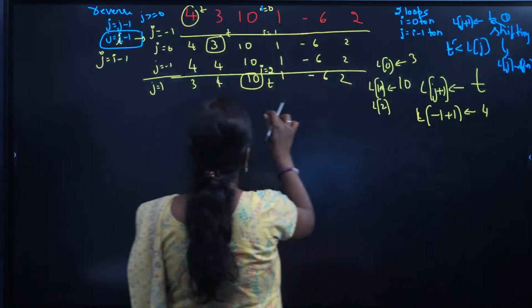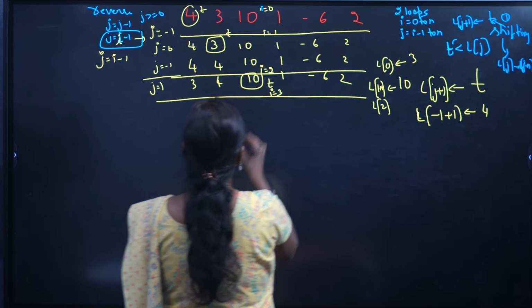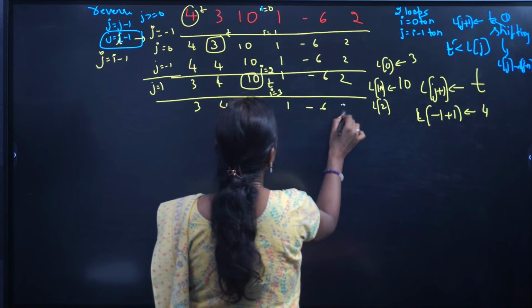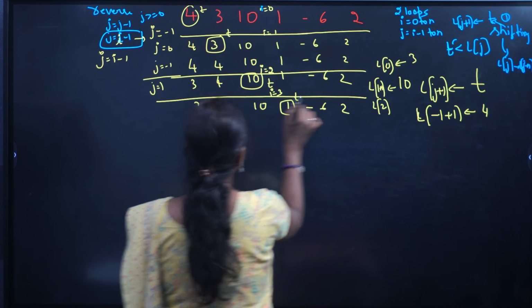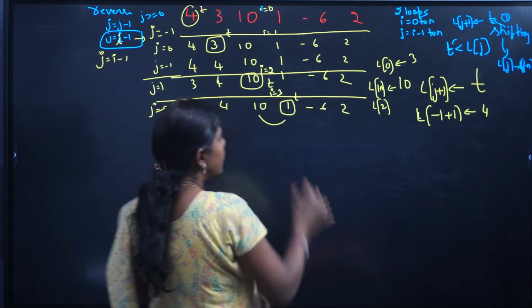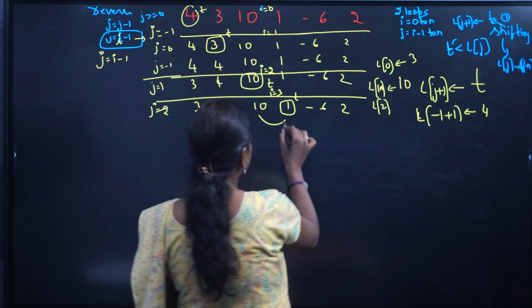That's going to be I is equal to 3. What happens? 3, 4, 10, 1, minus 6, 2. This is going to be my t. Now, what is j? J is equal to 2. Compare 10 and 1. Definitely 1 is less than 10. Shifted.